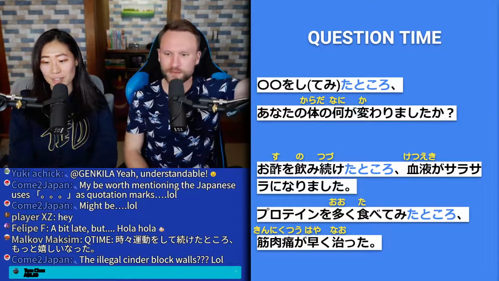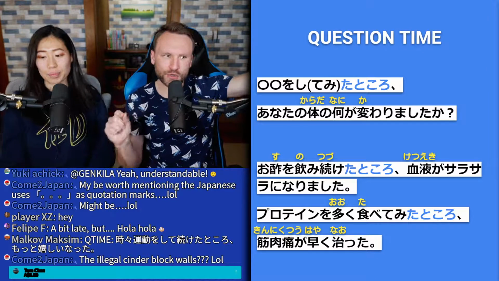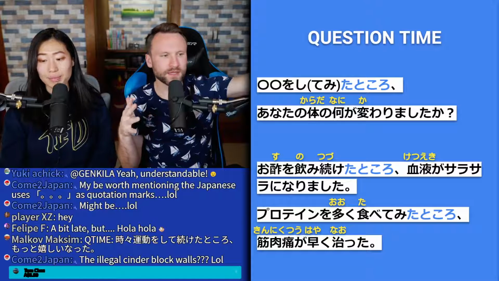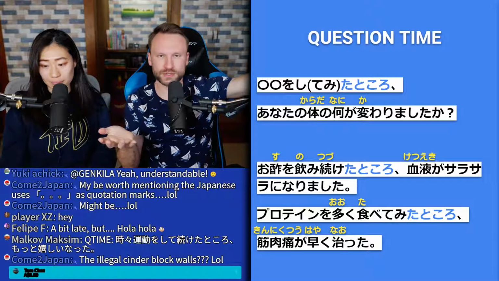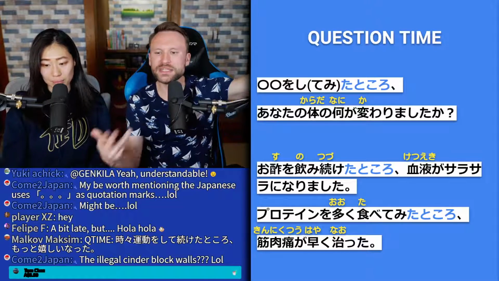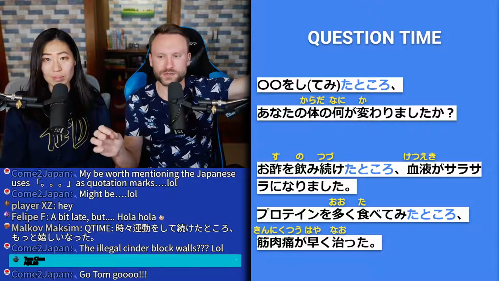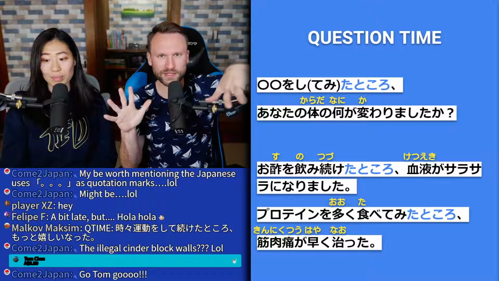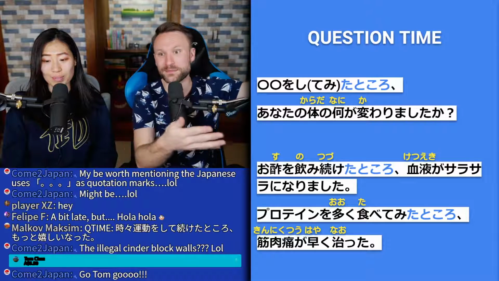Okay, so Malkov Maxim. The 続けたところ is when you continued to do something. So as a result of continuing to do something, you had a result. But you had tokidoki at the beginning of your sentence, which would imply you've exercised only sometimes or once in a while.